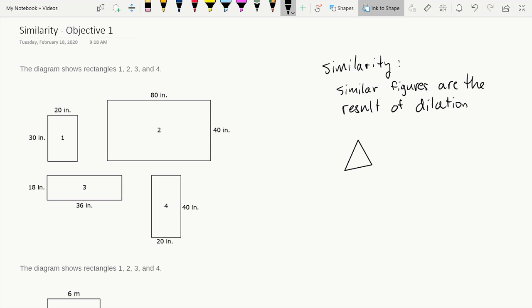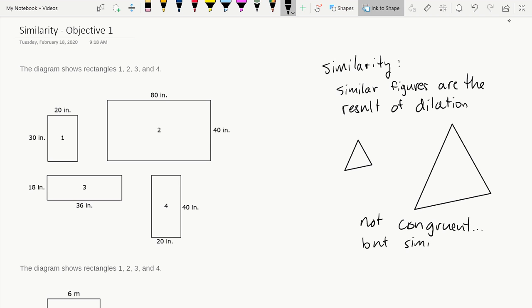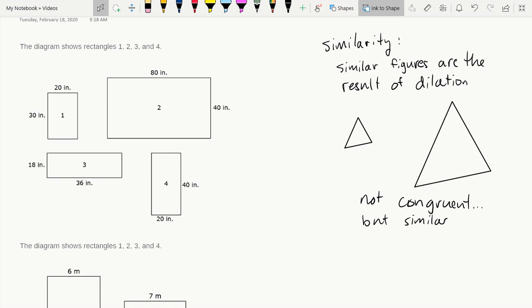If I have a triangle and I want to take that triangle and make it bigger, these two are similar. They're not congruent, but they are similar. There are two really important conditions to similarity.